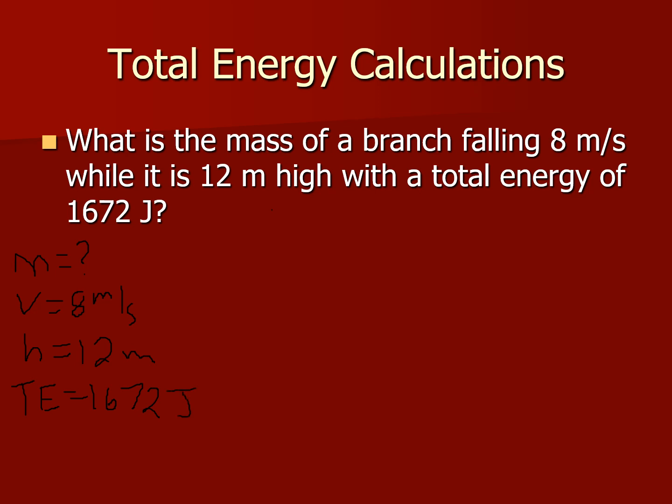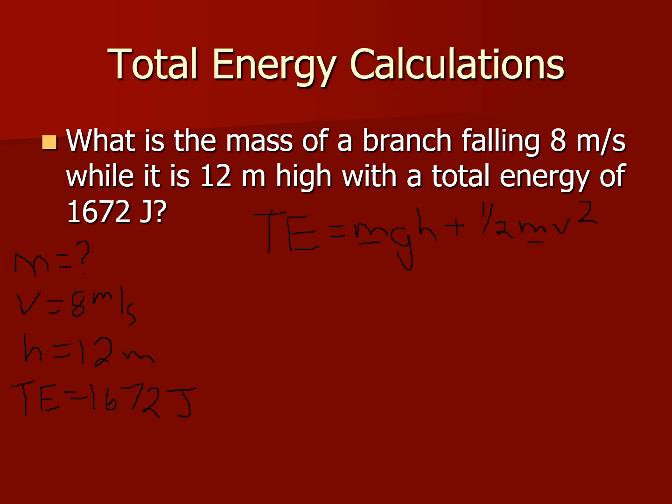Okay, so here's the equation. TE equals mgh plus 1/2 mv squared. Now the reason why this one is a little tricky is because there's an m in both the PE and the KE. There's an m here and an m here.